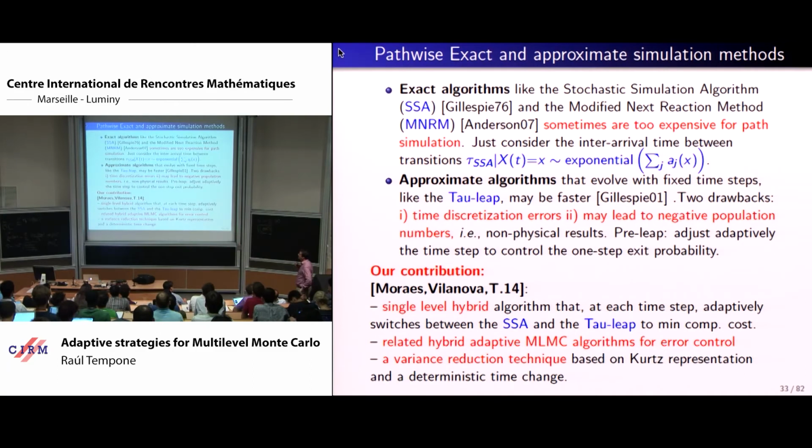Okay, so then if you have an exact algorithm, why are you going to introduce an inexact one, right? Well, because of two things. Because the statistical error is already there, right? So having a bias that is 0 in the presence of a statistical error may not be optimal, because the cost of simulating such exact path may be a lot, right?